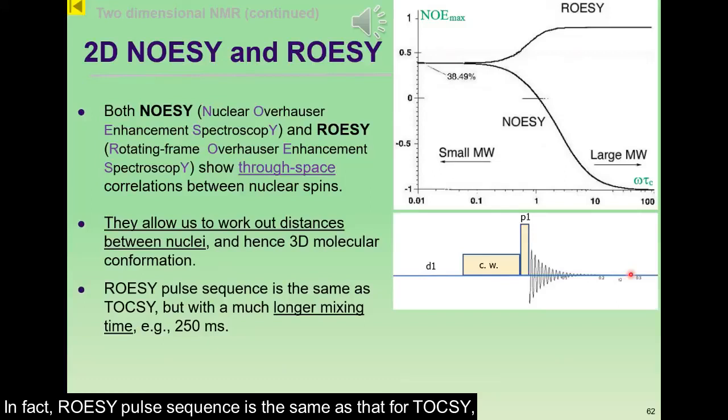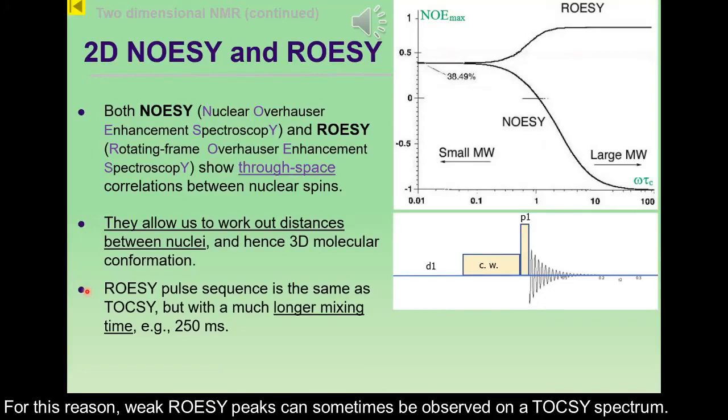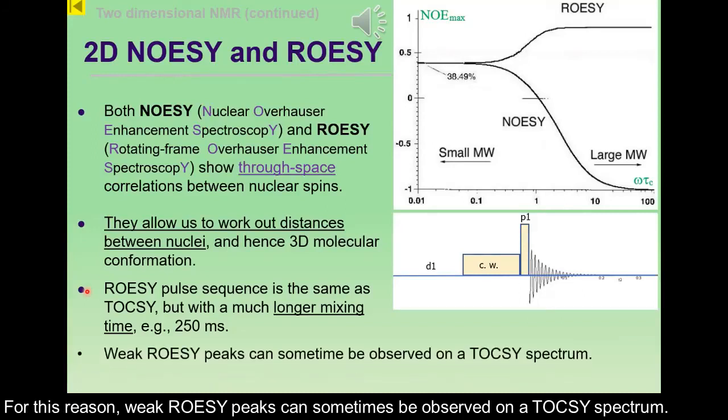In fact, the ROESY pulse sequence is the same as that for TOCSY, but with a much longer mixing time, for example, 250 milliseconds. For this reason, weak ROESY peaks can sometimes be observed on the TOCSY spectrum.